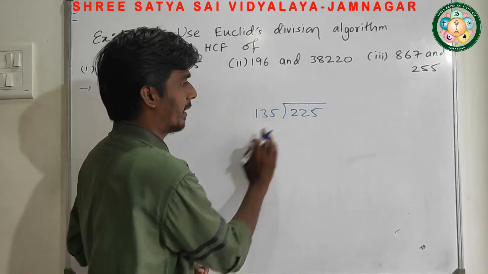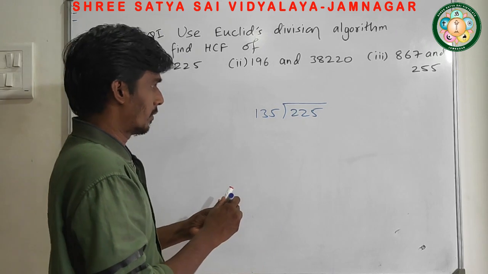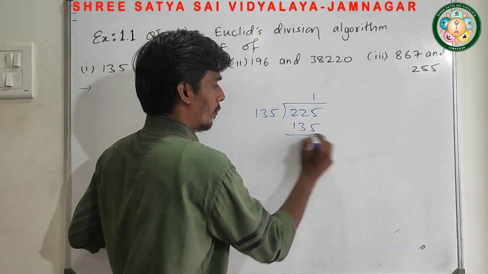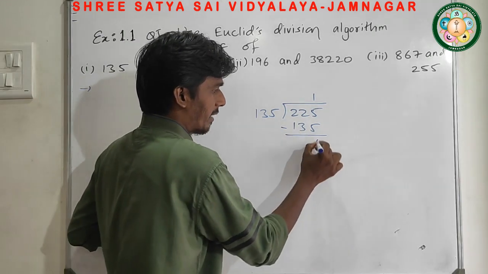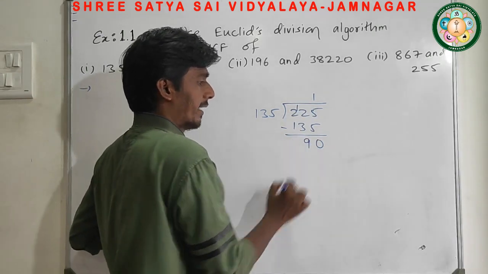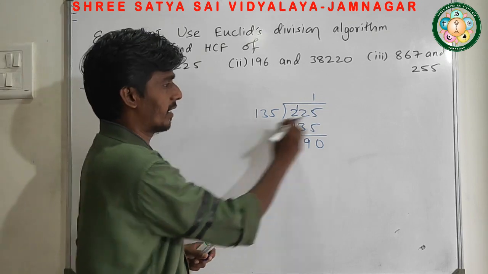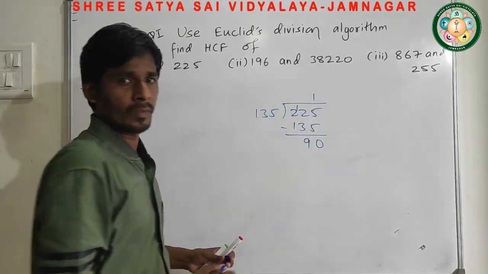Now 135 goes into 225 one time, 1 times 135. By subtracting I get 90 as the remainder. So this is the divisor, dividend, quotient and remainder.